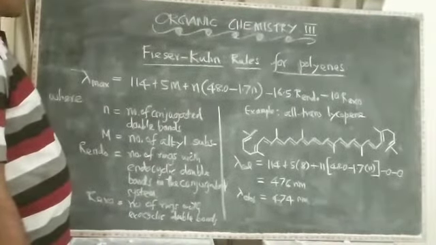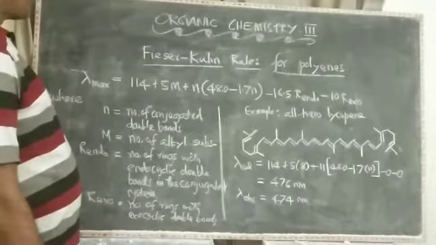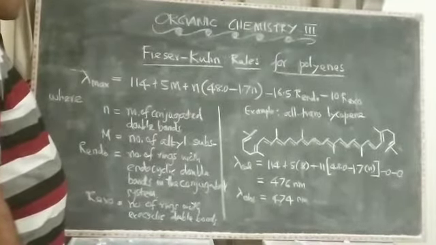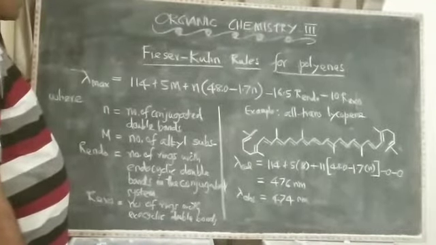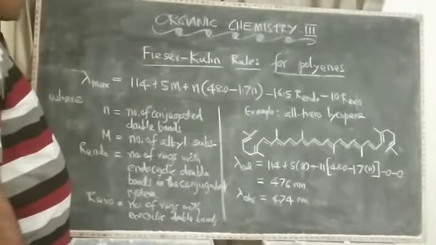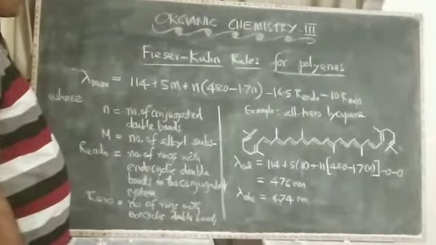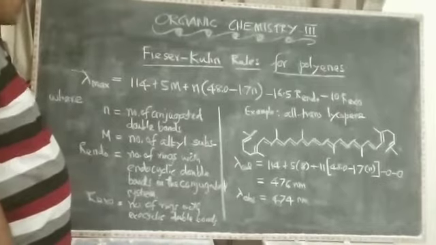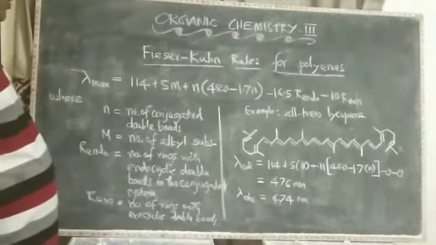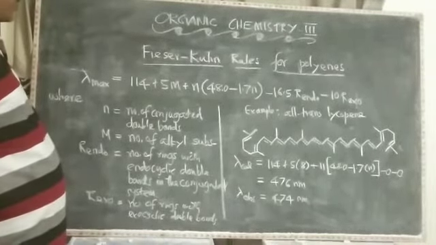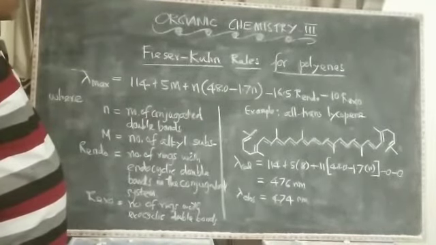Now we shall calculate the lambda max value for polyenes. The Woodward-Fieser rules are applicable for compounds with 4 double bonds or less, but when a compound contains more than 4 double bonds, it comes under the category of polyenes.